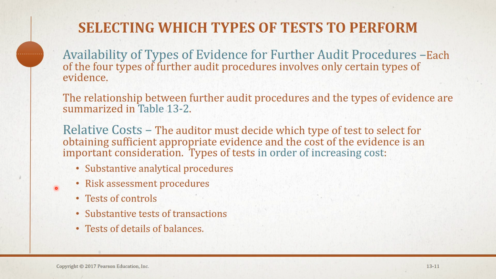Substantive tests of transactions, test of details of balances. Again, why are they expensive? Because now we're looking at invoices, we're vouchering, we're tracing, we're doing more and more legwork. More and more documentation. If we're doing more and more, we're charging more time to the job, therefore costs are going upward.